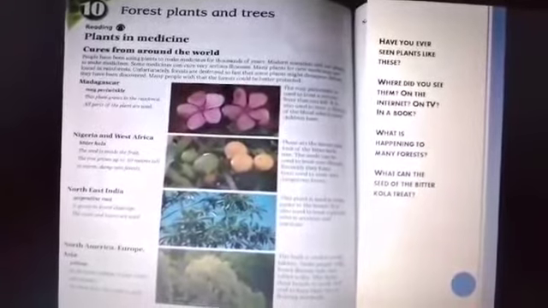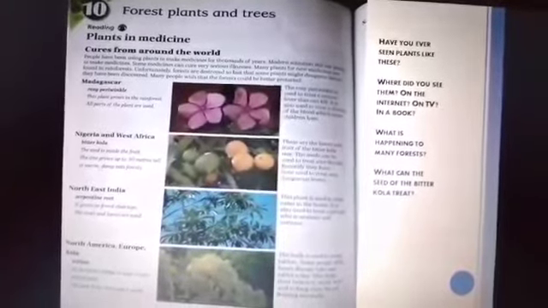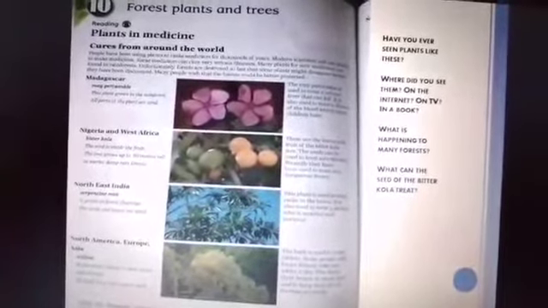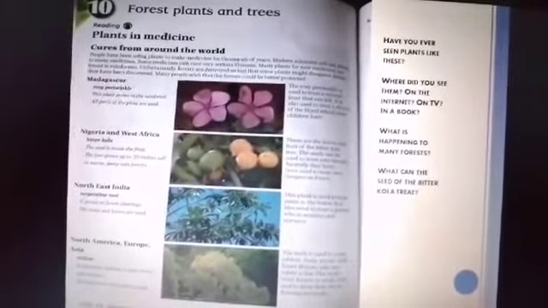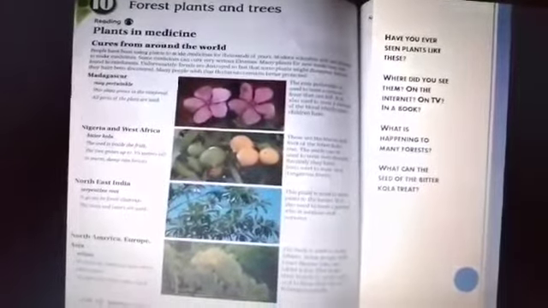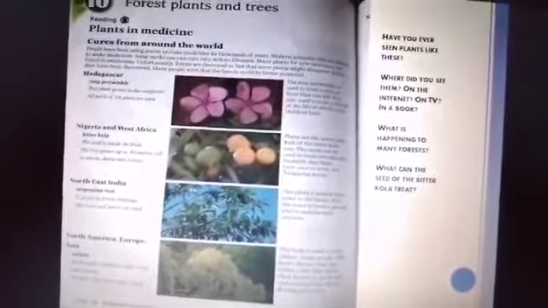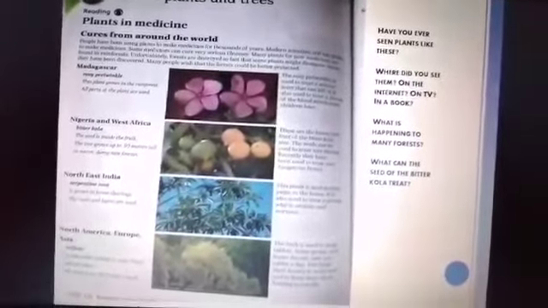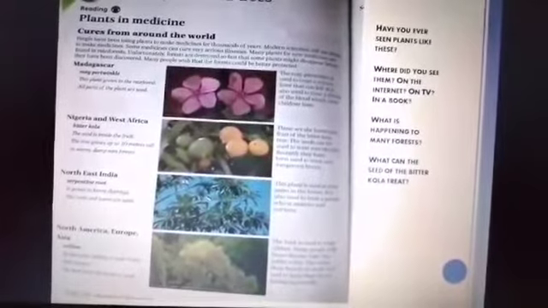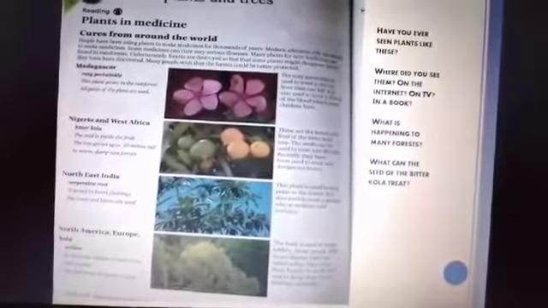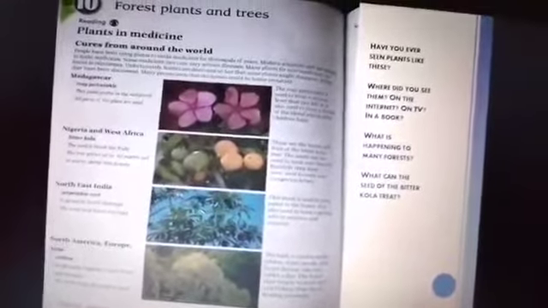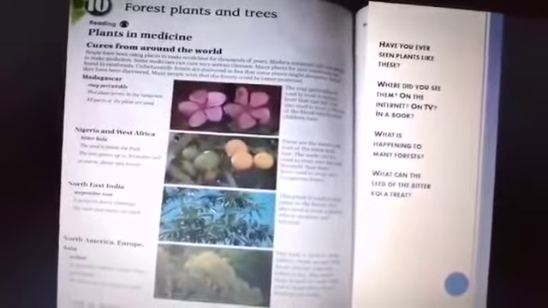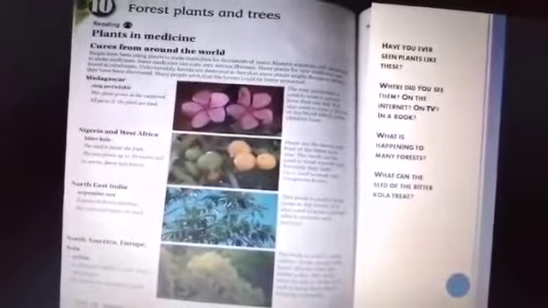Okay, another example, willow in North America, Europe, and Asia. Very good. And the bark of this plant is used to make tablets. Okay. It helps people with heart disease. Yes.